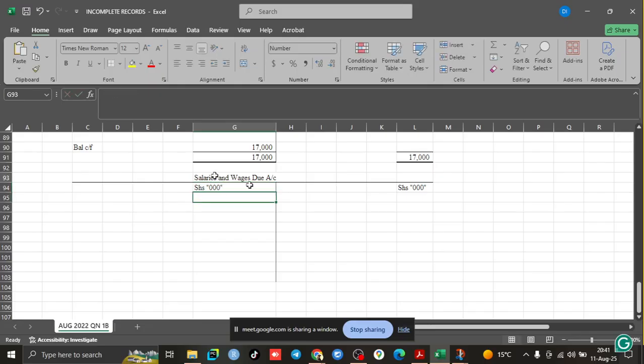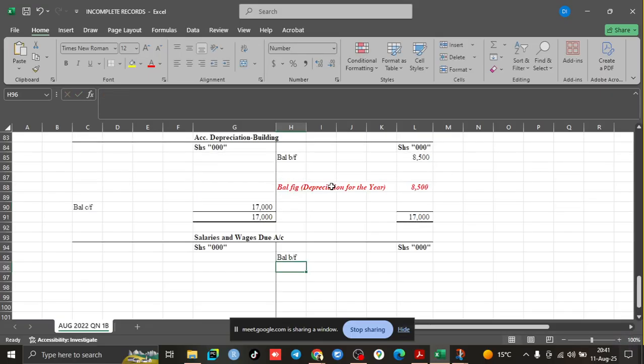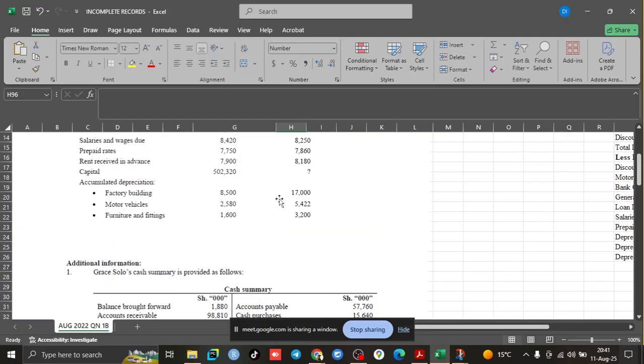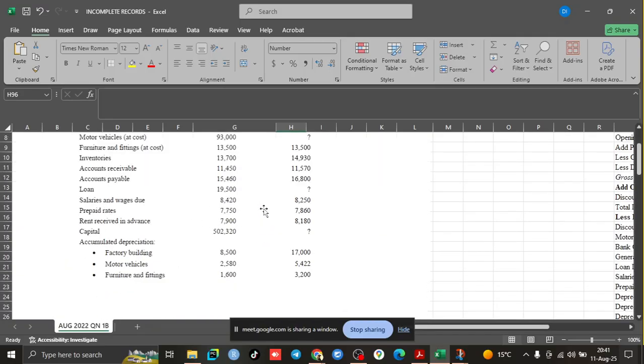So the trick na these questions are incomplete records ni kufungua as many of these T accounts. But kama unaweza add na kuminus without opening the accounts accurately, it's still okay. But the most appropriate way ni ufungue these T accounts ndio uweze kudetermine the movement effectively. So salaries and wages due ni 8420 na 8250.